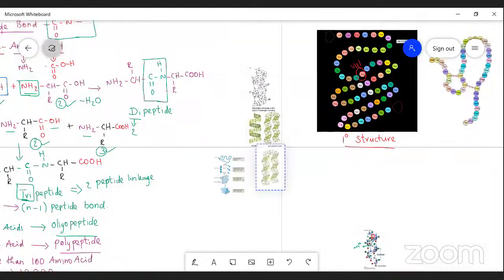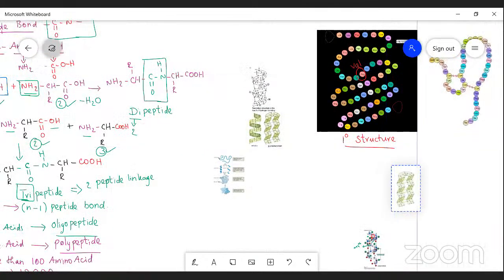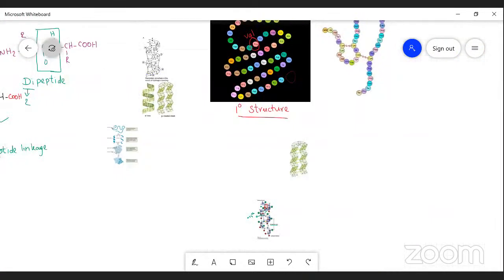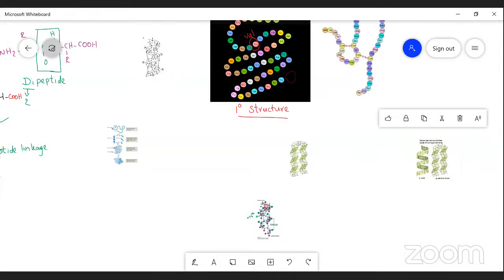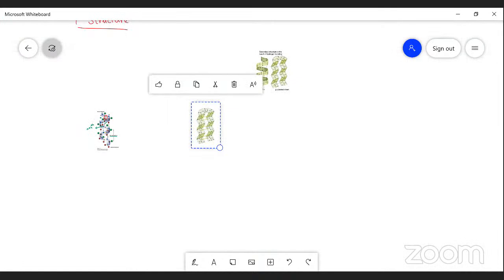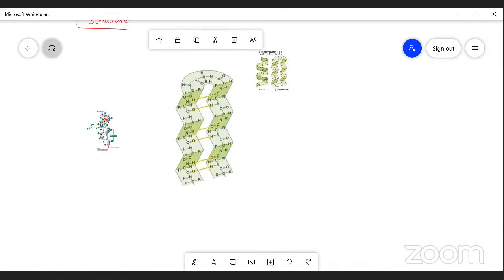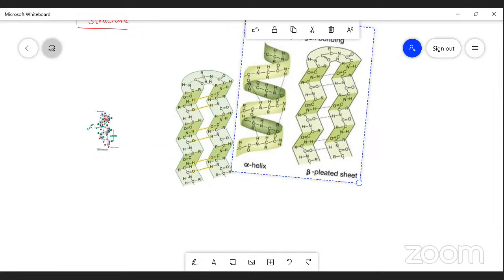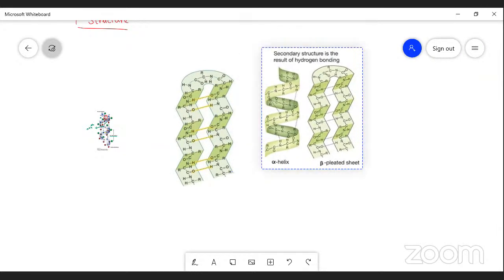Here each and every sheet slides over the other and we may get the three-dimensional structure. More hydrogen bonds are formed in the beta pleated structure between NH and CO.